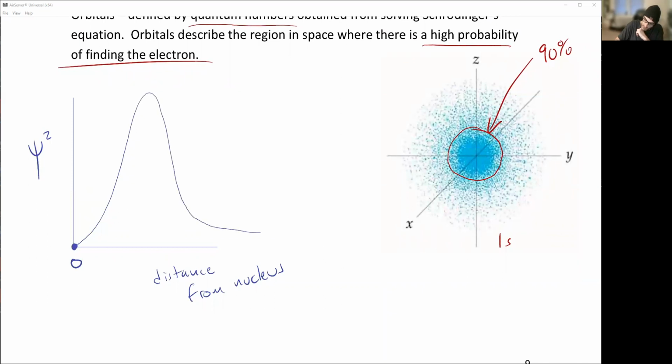It's not a perfect distribution, because you're going to notice it drops to 0 on one side and doesn't on the other. But what we do see is this peak right here, which happens to sit at 52.9 picometers, is the most probable distance to find an electron.